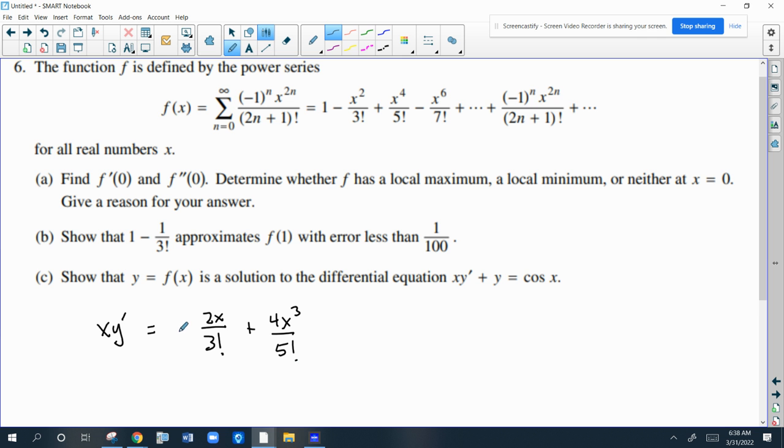Oh, I'm sorry, I missed that negative. And minus 6x to the 5th over 7 factorial. It's not looking like anything right now. I'm going to take the general term and also do that. Negative 1 to the n times 2n x to the 2n minus 1 over 2n plus 1 factorial.